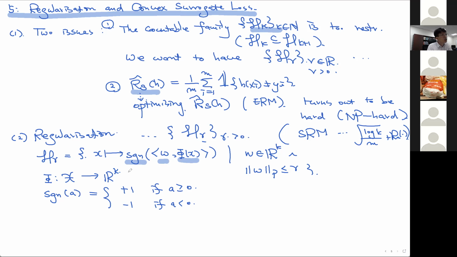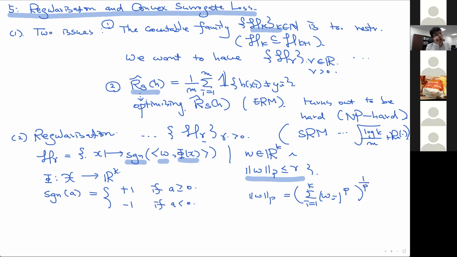Now each hypothesis set is obtained by putting some constraints on the norm of this w. Roughly speaking, you measure the size of the vector w. The p-norm is defined as the sum over i equal to 1 to k of the absolute value of w_i to the power of p, then take the power 1 over p.